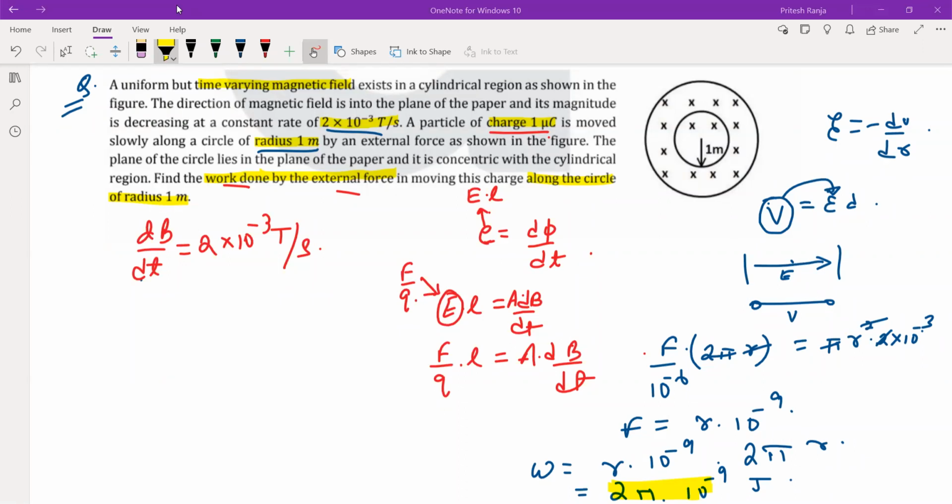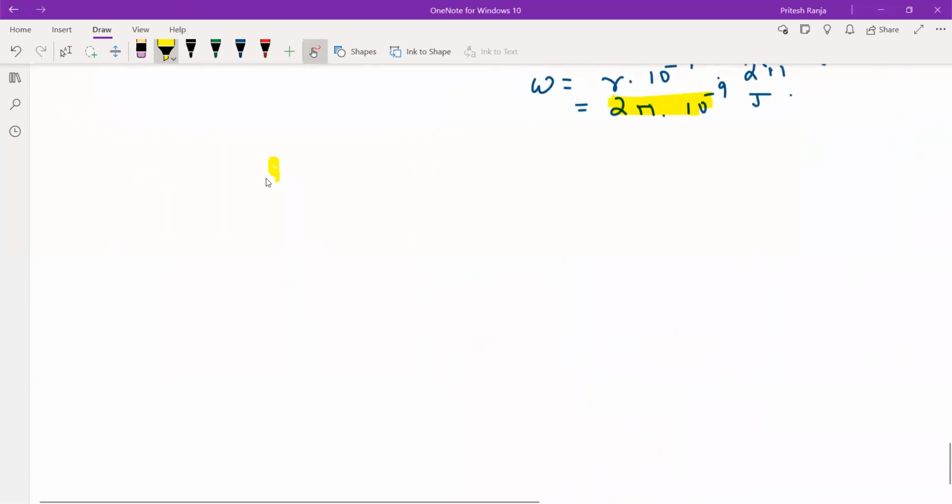Okay, so we'll move to the next part now. So here we will talk about self-inductance.